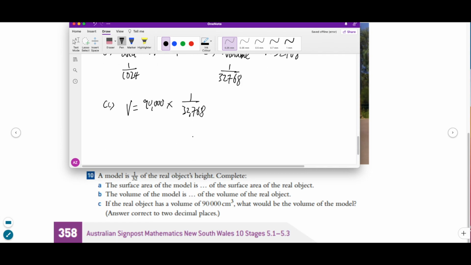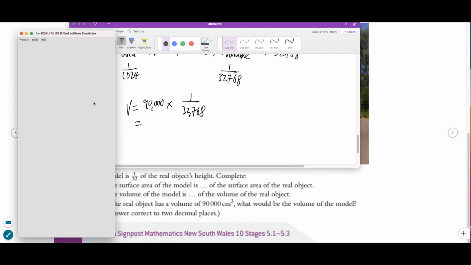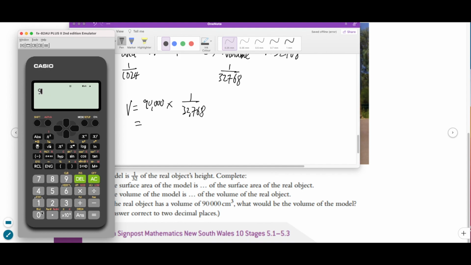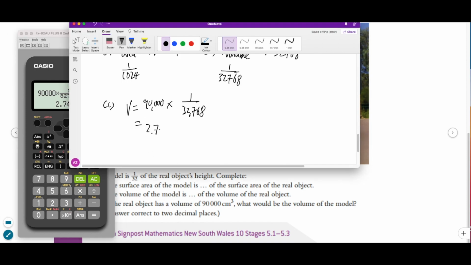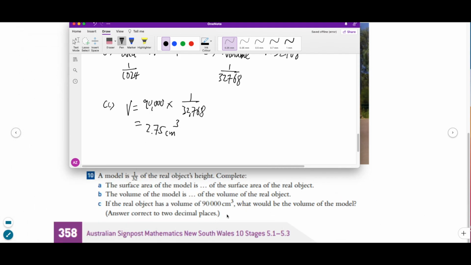And what should this give you? 90,000 times 1 on 32768. 2 decimal place, so 2.75 centimeters cubed. Right? So that's a pretty big difference. That's the volume of the model, and that's the volume of the object.